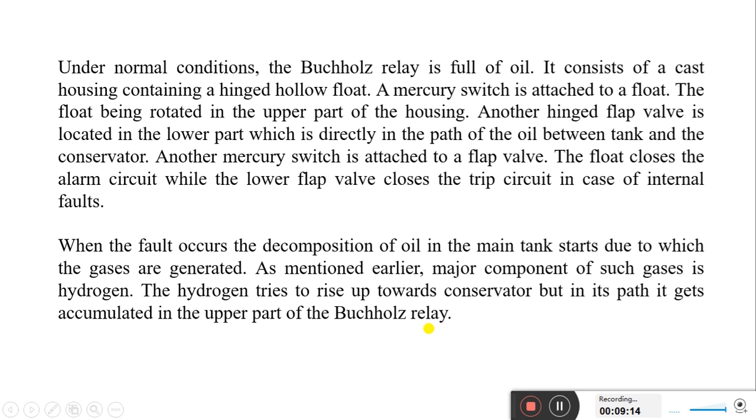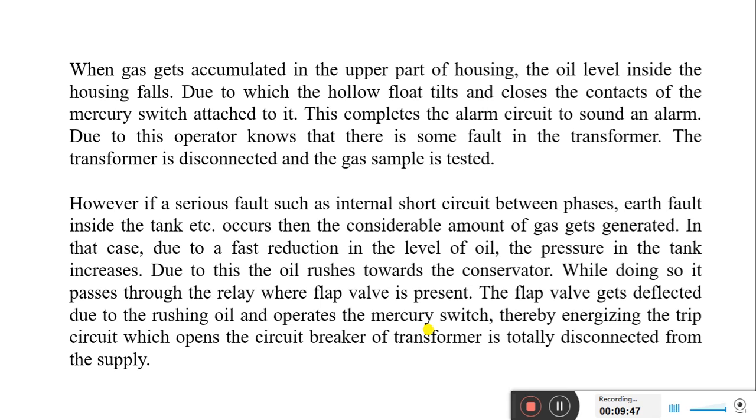As discussed previously, inside the transformer tank, the gases are produced because of the decomposition of the transformer oil, and these gases rush upwards, and because of that the transformer oil level decreases, so that the mercury switch gets closed and the circuit is actuated.